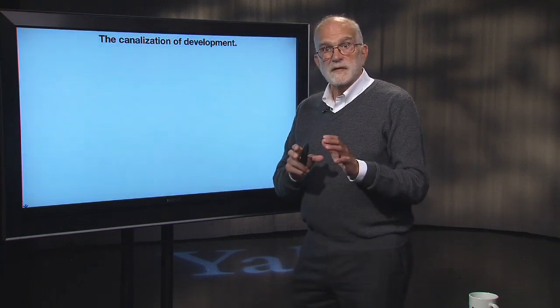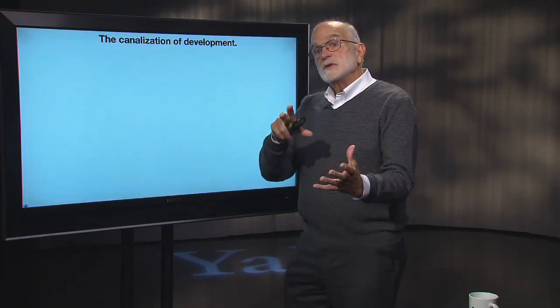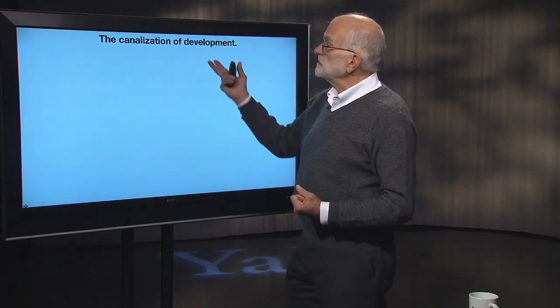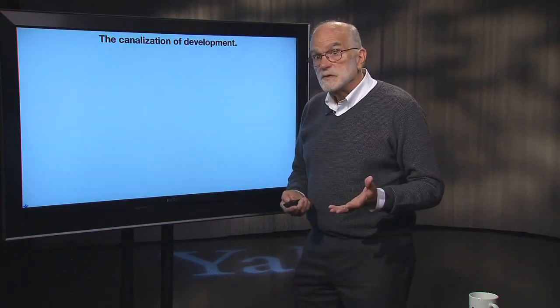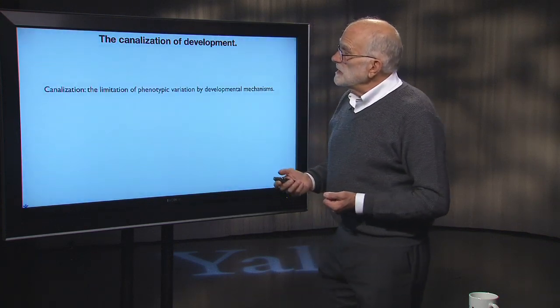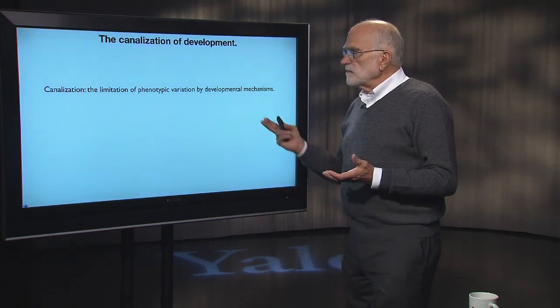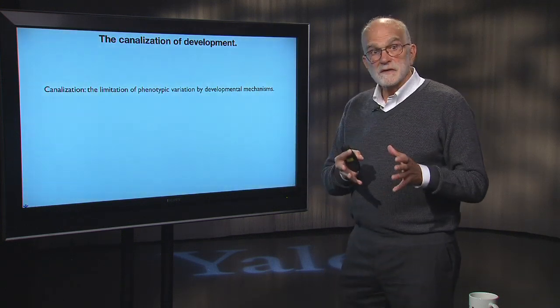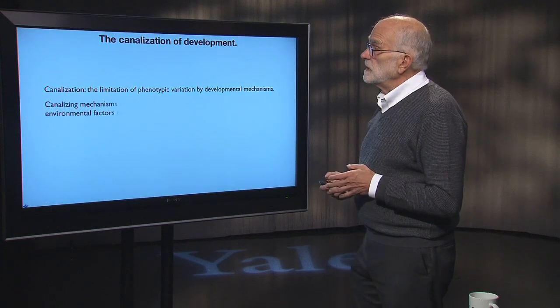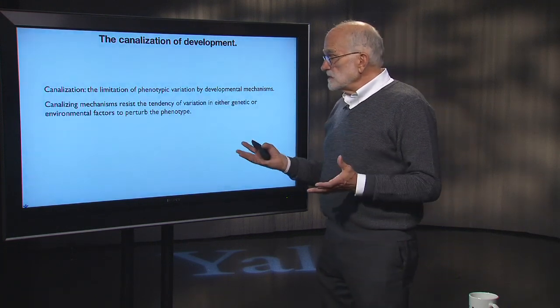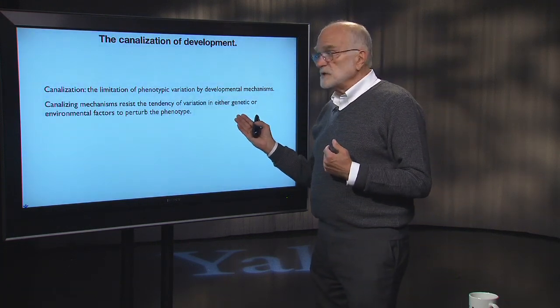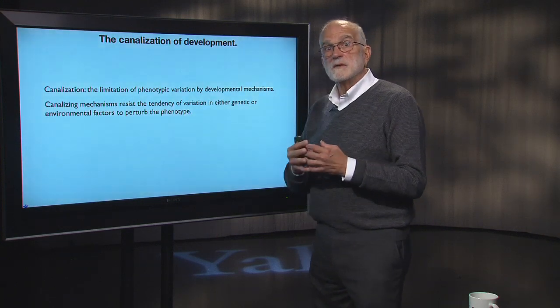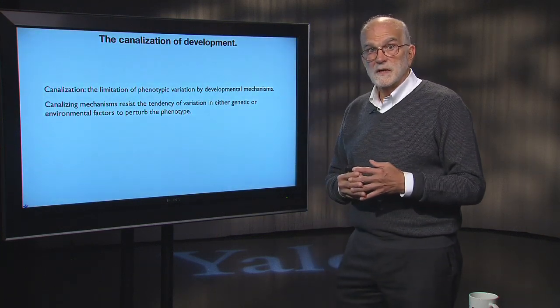Now, the fourth possibility of having a separation in the connection between the genotype and the phenotype comes from the canalization of development. That means that there are developmental mechanisms that are limiting phenotypic variation. They resist the tendency of variation that's either genetic or environmental that might perturb development.